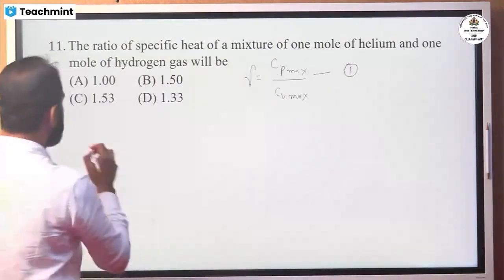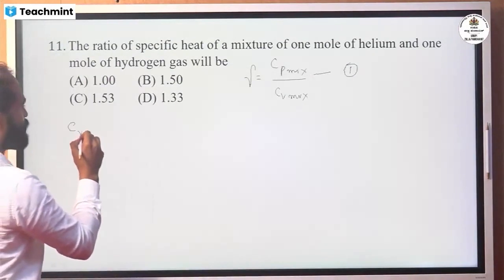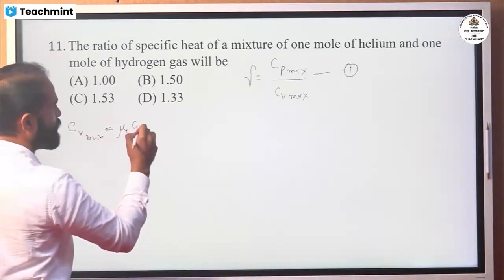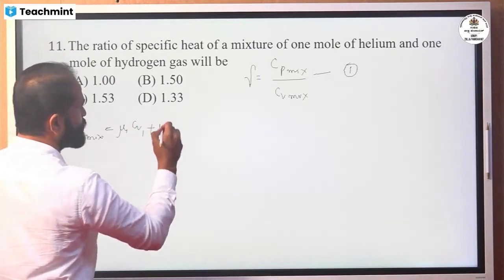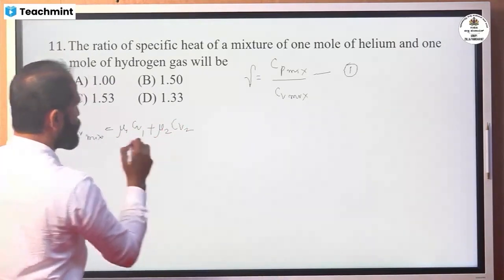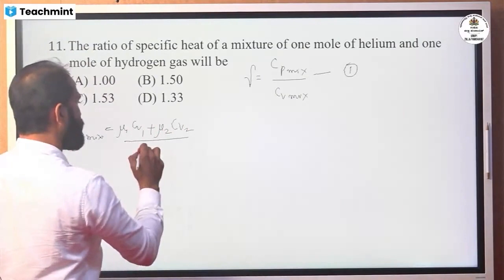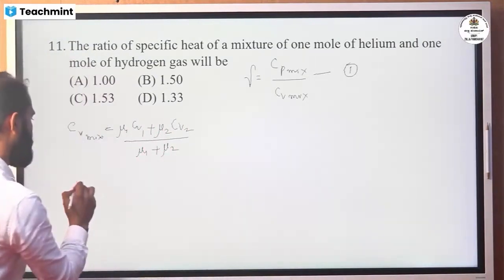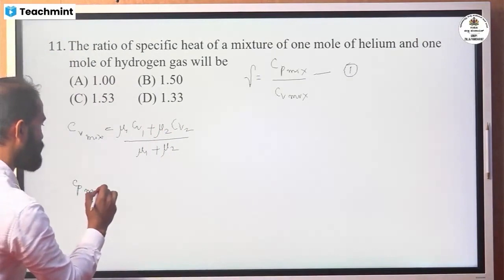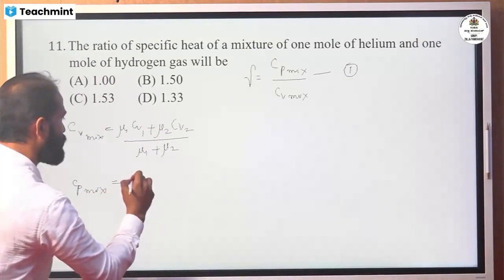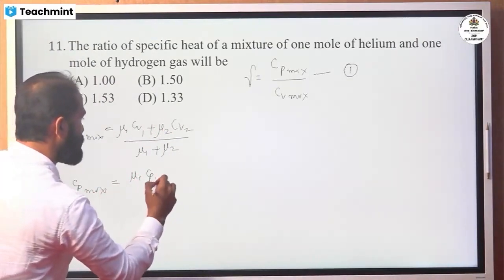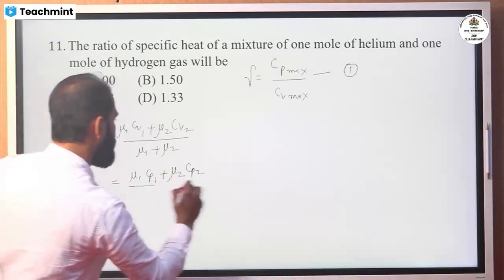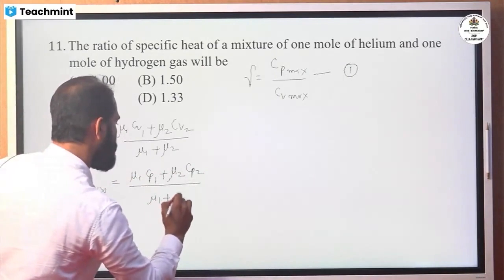So let me first find out Cv. Cv of the mixture can be written as mu1 Cv1 plus mu2 Cv2 divided by mu1 plus mu2. Similarly, Cp of the mixture is equal to mu1 Cp1 plus mu2 Cp2 divided by mu1 plus mu2.